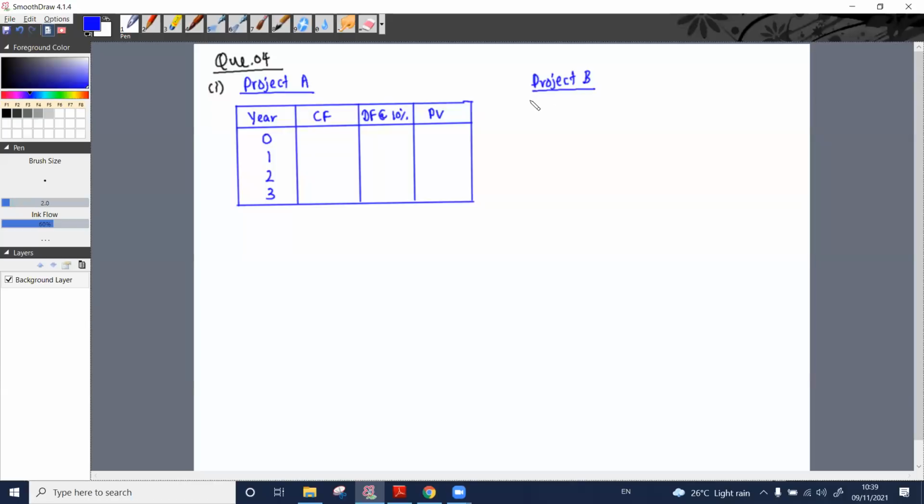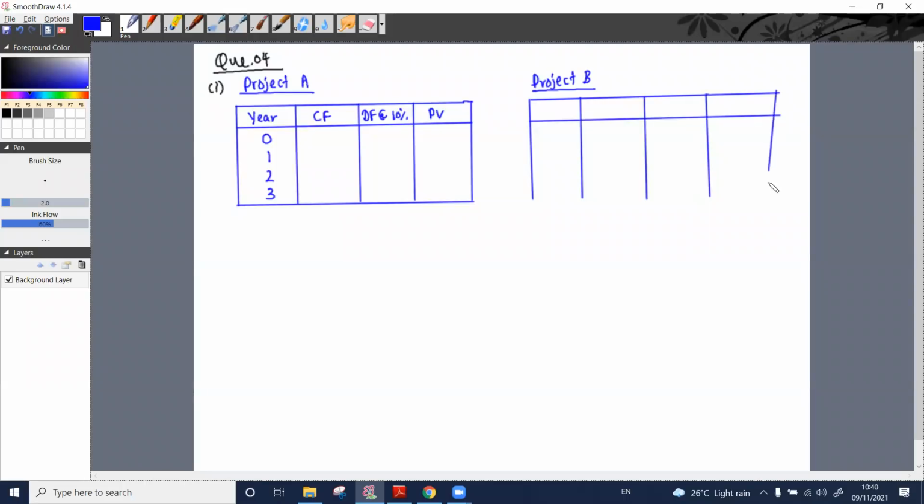We need to calculate the NPV value. So we'll have this table.